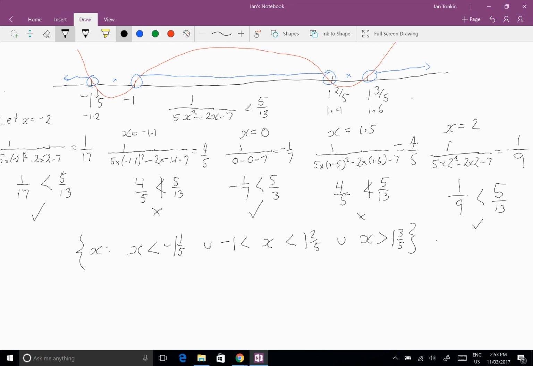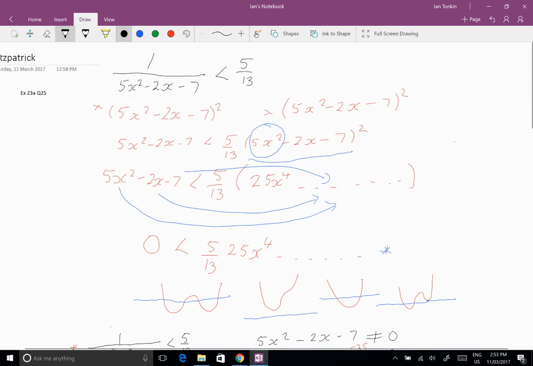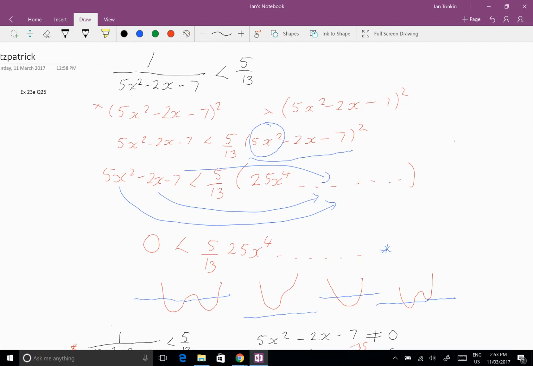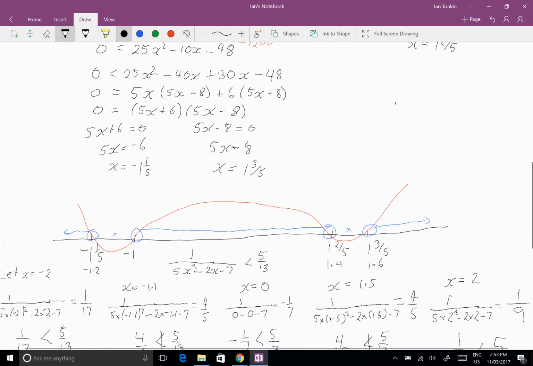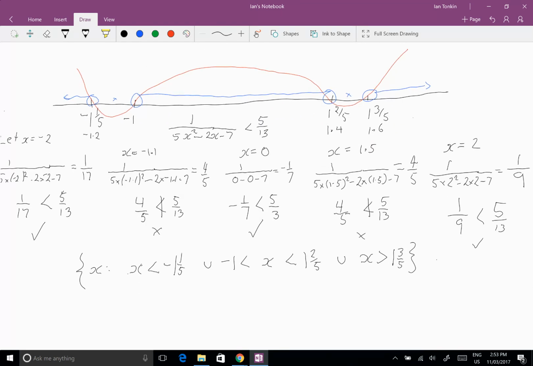And so we now realise we've graphed this inequality, ends up being a positive quartic. We want the region above 0. When I sketch it, that's what we're going to get. So the parts where it's above 0, this quartic, are less than -1 and 1/5, between -1 and 1 and 2/5, and anywhere greater than 1 and 3/5.